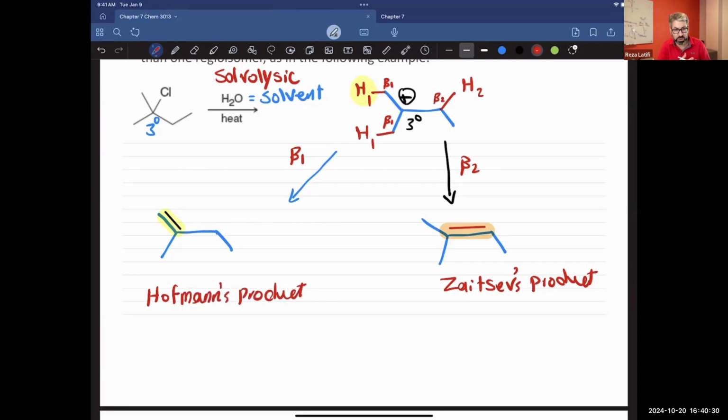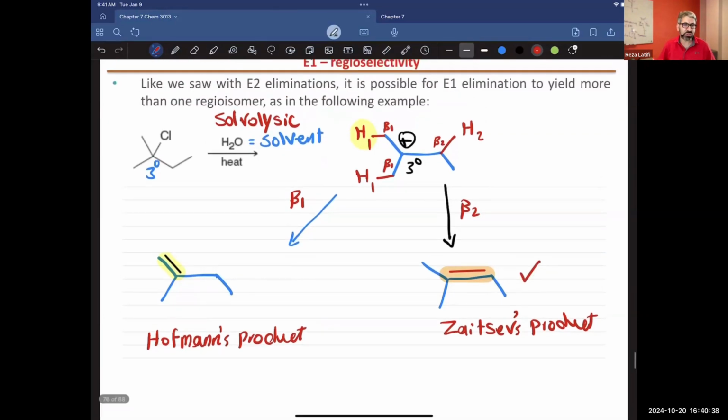The one with fewer substituents, we call it the Hofmann product. With more substituents, the Zaitsev product. And which one is more stable? This. So we say a reaction is creating technically two products. One of them is more stable, okay? Because it has more substituents to donate electrons to the double bond technically. And that's the reason we call it more stable than the Hofmann.